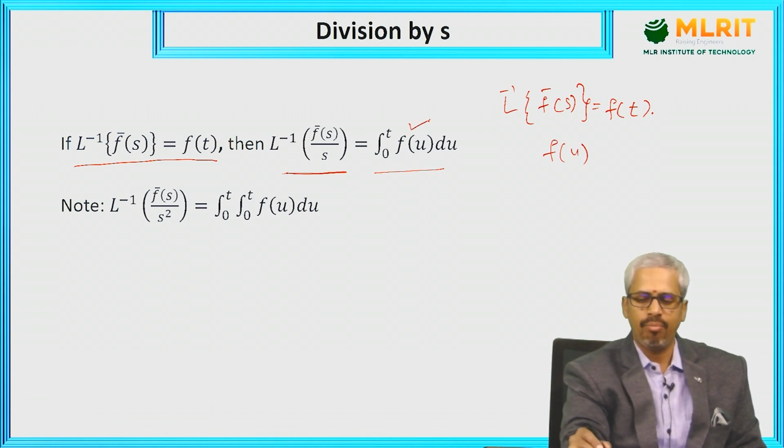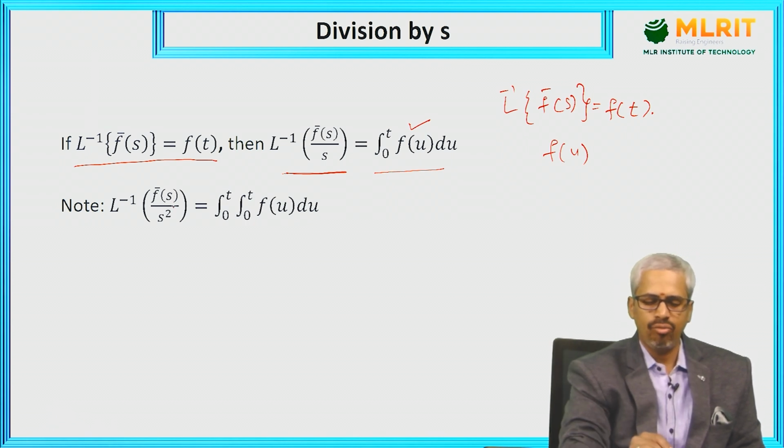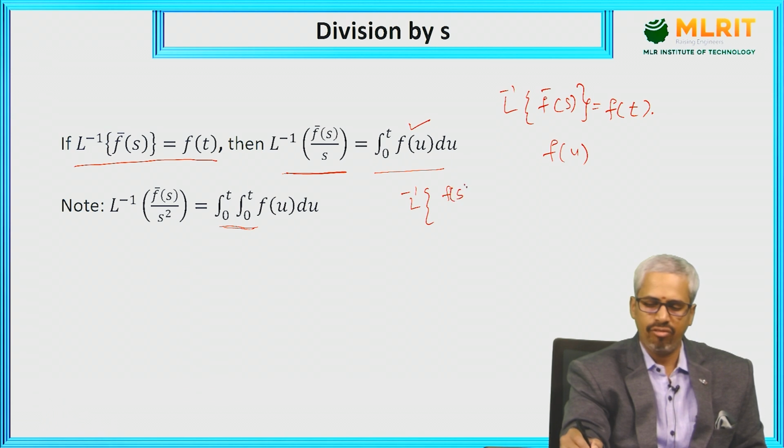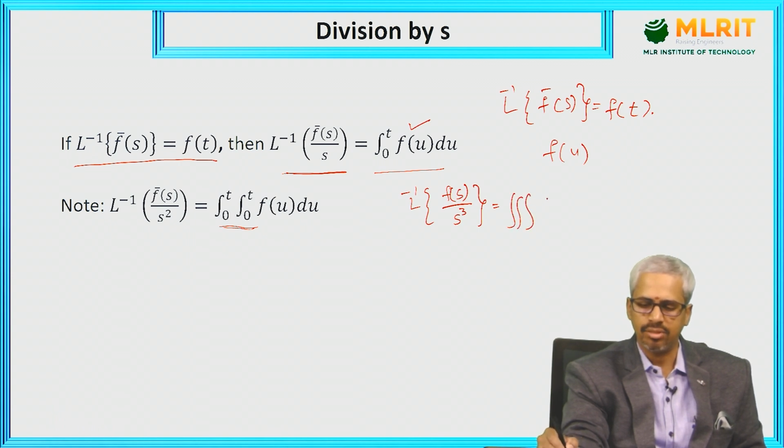So, you replace it here, f of u du, and integrate between the limits 0 to t. Suppose you divide f bar of s with s square, then we integrate twice. Suppose you want to find L inverse of f bar of s by s cube, since we are dividing with s three times, that is s cube, we integrate 3 times f of u du between the limits 0 to t, right.